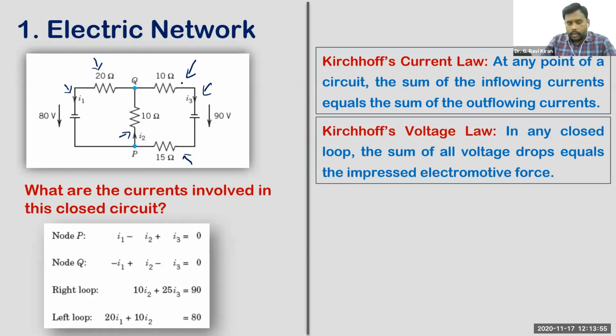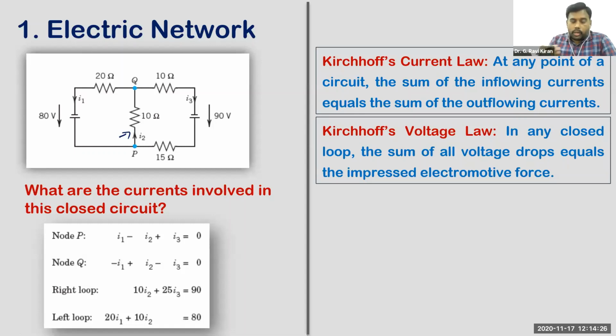That's the question. Whenever we get electrical circuits, we need to immediately recall two Kirchhoff's laws, Kirchhoff's voltage law as well as Kirchhoff's current law. Probably you remember this, but anyway, I've quoted them here. Kirchhoff's current law says at any point in the circuit, the sum of currents moving towards that point is exactly equal to the sum of currents moving out of it.